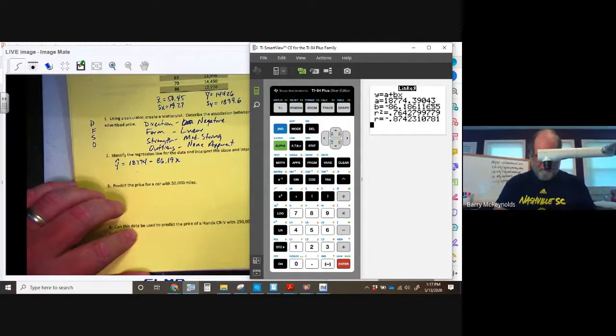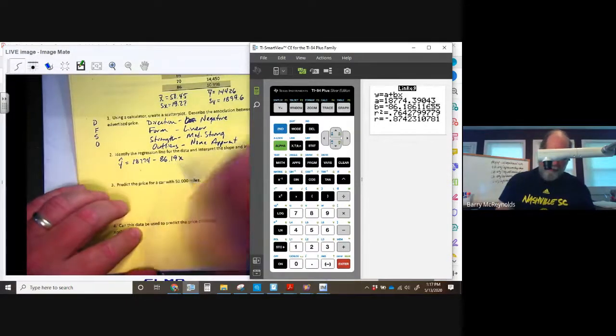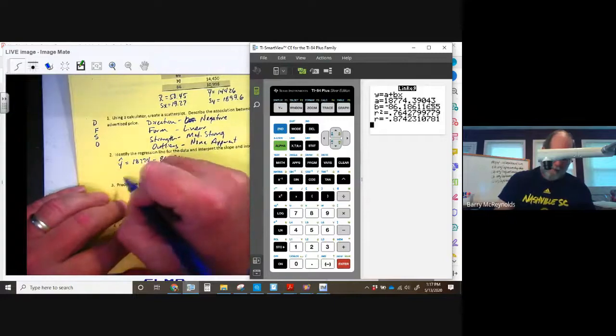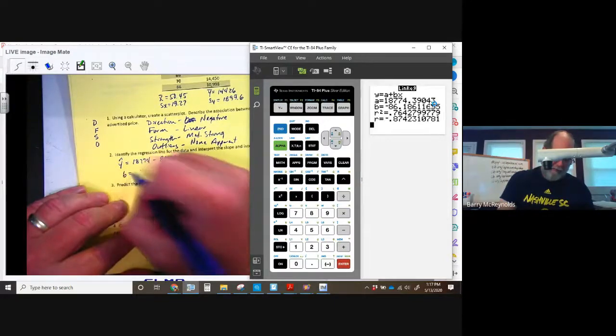Now we want to interpret the slope. Well, the slope, let's just do this. b equals negative 86.19.